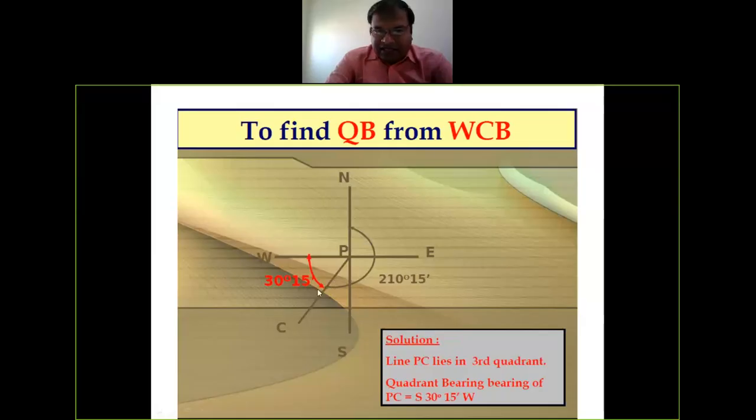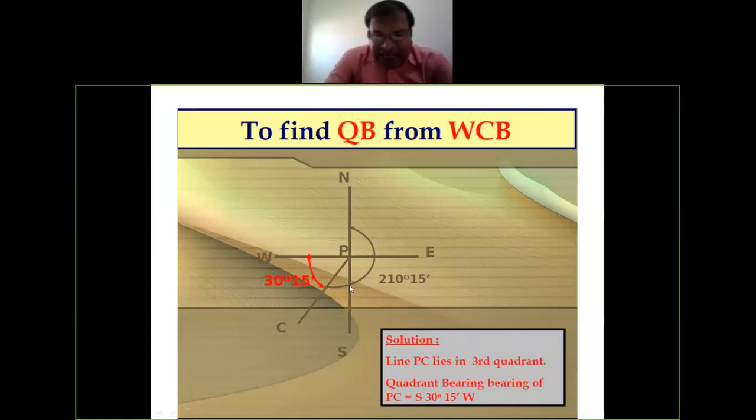Here some mistake is there, so don't consider it. This angle will be from here to here, not from here to here, because this is 210 degree 15 minute and from north to south it is 180. So if you deduct 180 from 210 degree 15 minute, you get this angle.